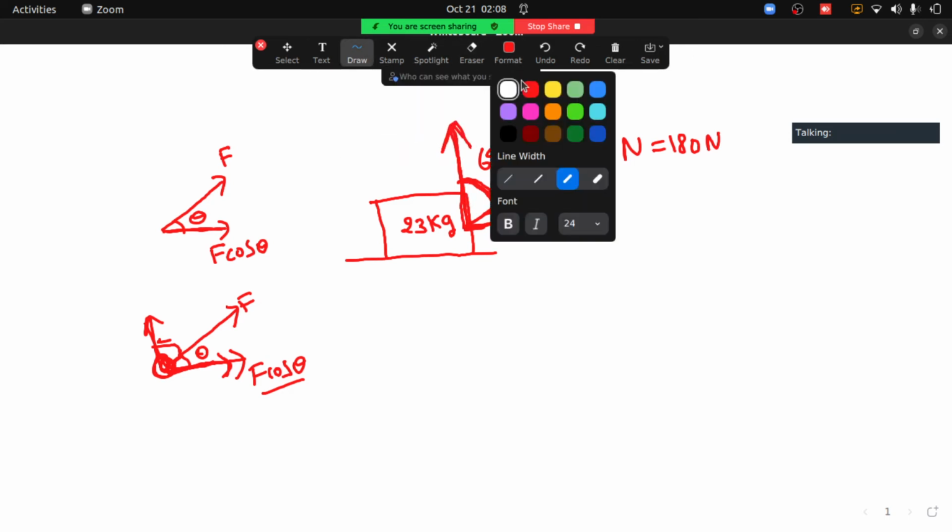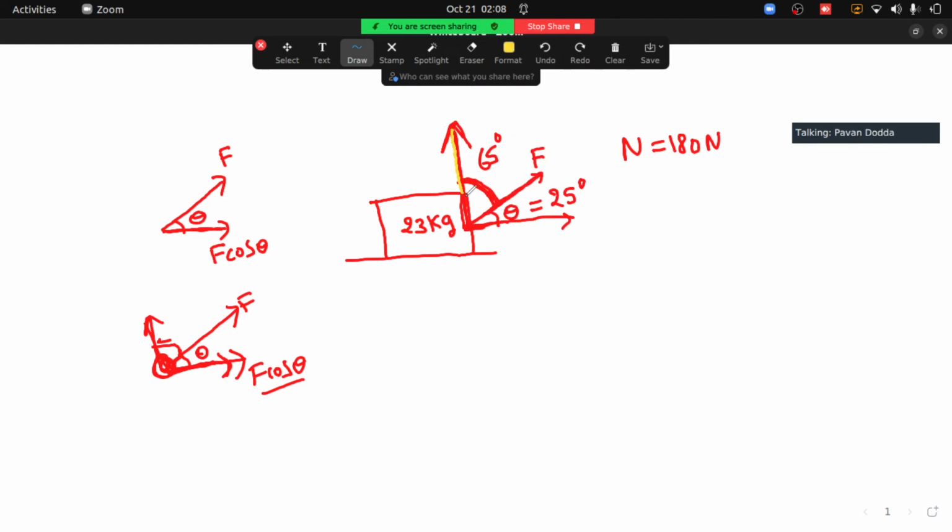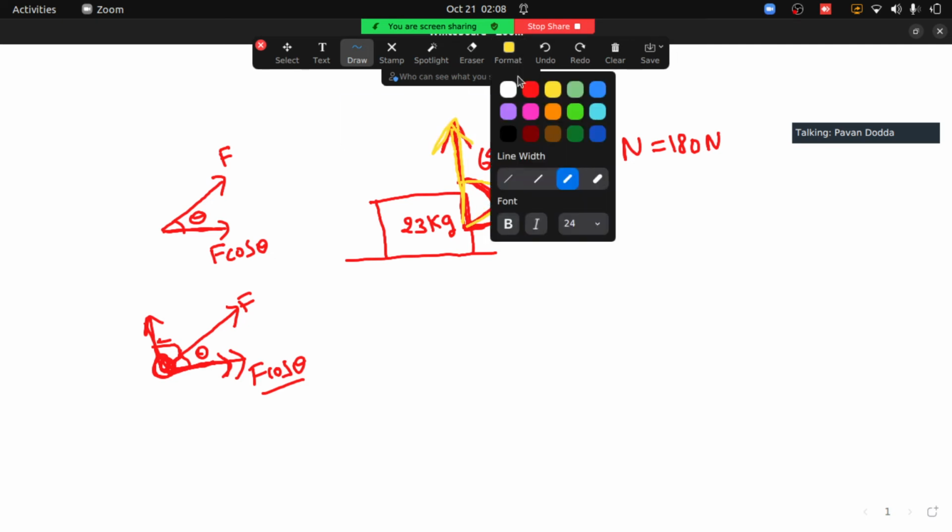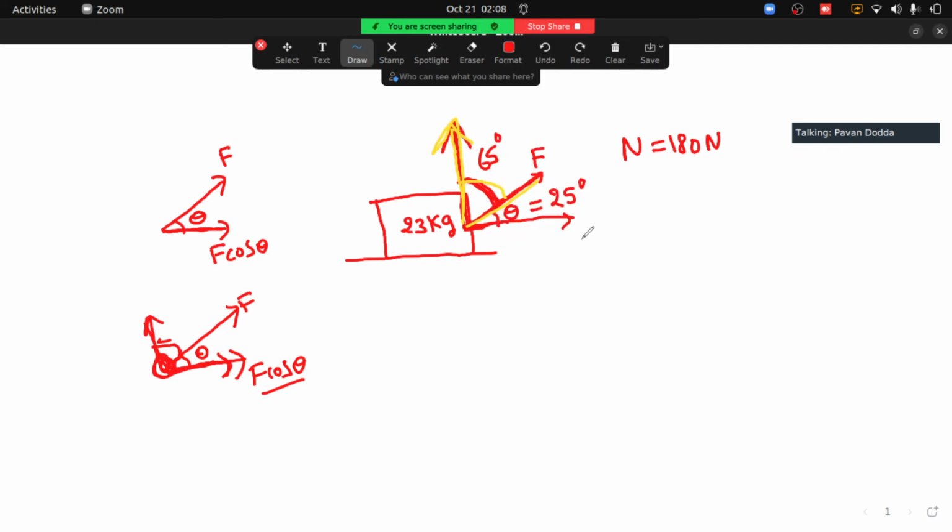If this angle is 65 degrees and this is F, the force is going to be F cos 65 degrees, because the force along any direction is F cos theta, and here theta is 65 degrees. So the force along the upward direction is F cos 65. Is this clear? Yes, sir.